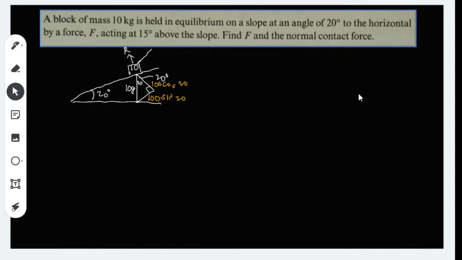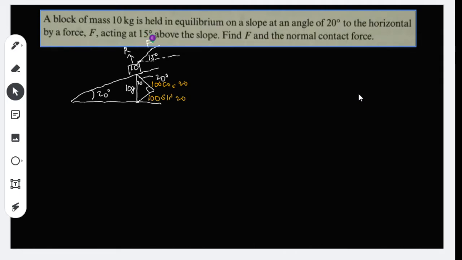This is parallel to the slope. So there is an angle here. This is 15 degrees. Okay, that's a 15-degree angle. So this is your force. This is the F here.